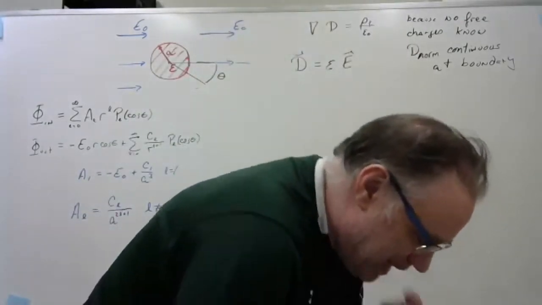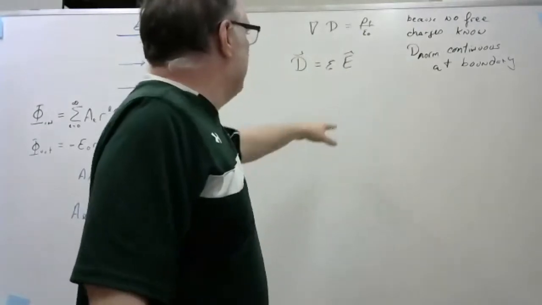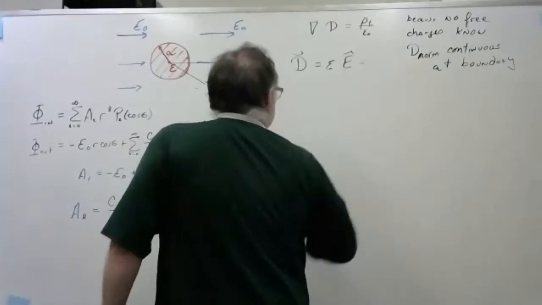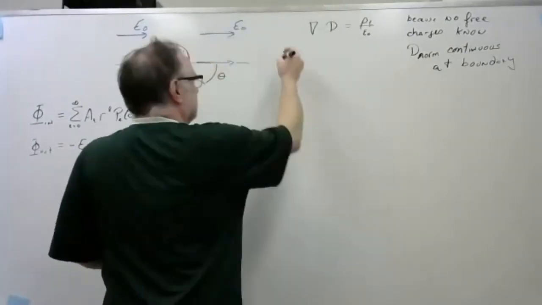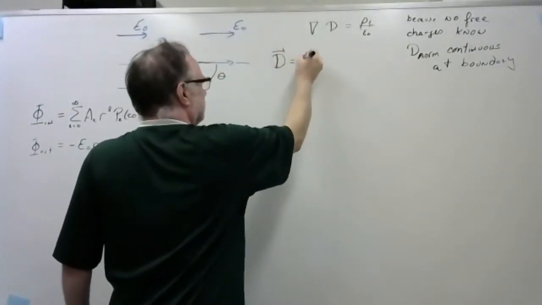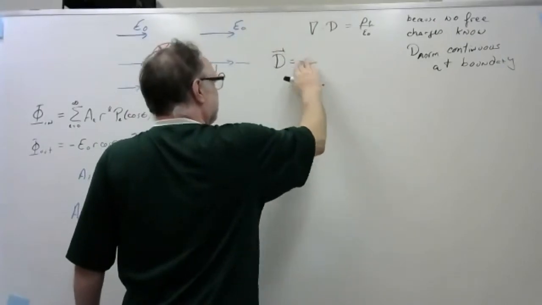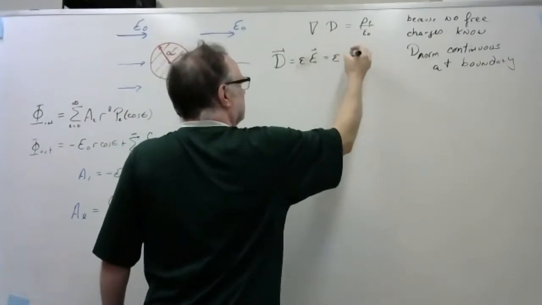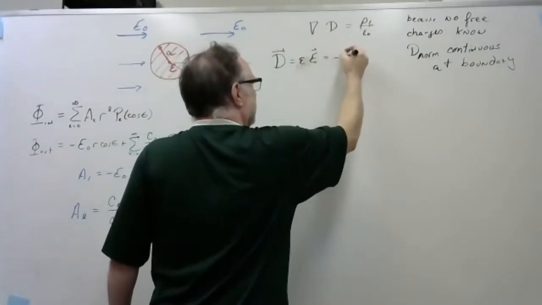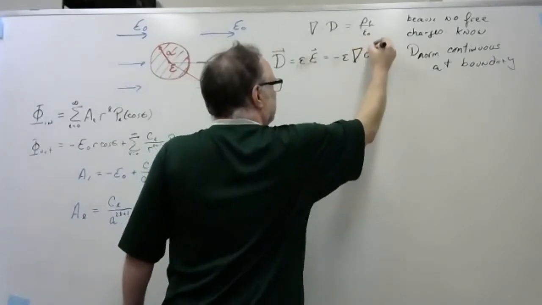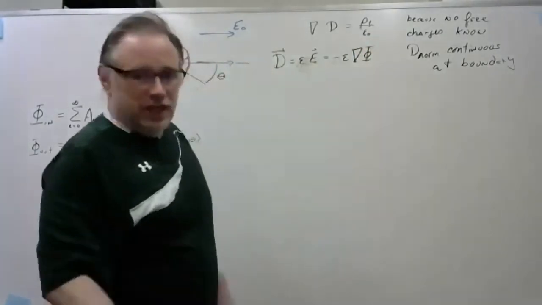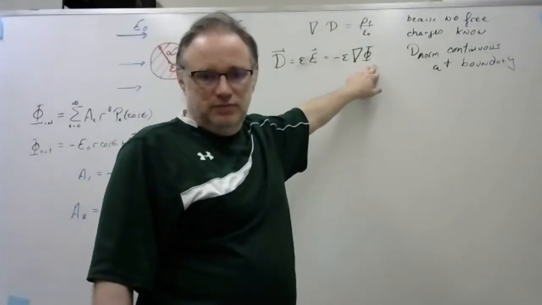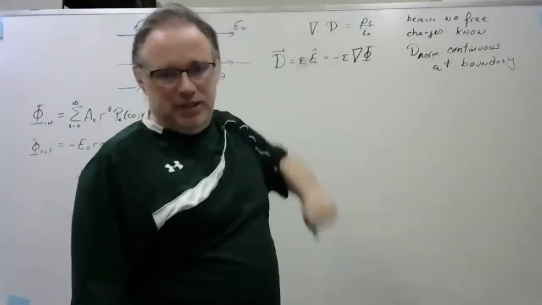So all I have to do is to take the epsilon and multiply it by epsilon multiplied by minus the gradient of the potential. In other words, the negative gradient of the potential, that's the E field multiplied by epsilon.